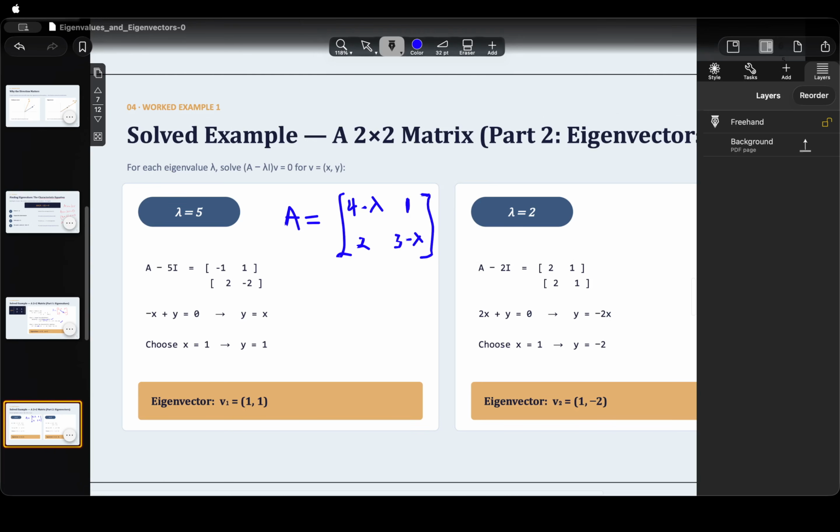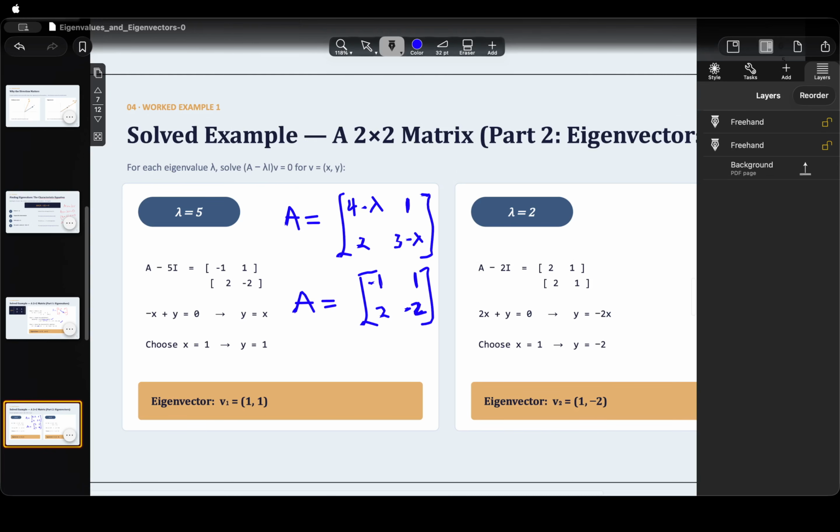So we come back, you substitute for each lambda. So you realize that if I substitute lambda equal to 5, then my new A becomes 5 minus 1 here. Then you have 1, you have 2, 3 minus 5 is going to give us negative 2. Okay. So this is what you have.